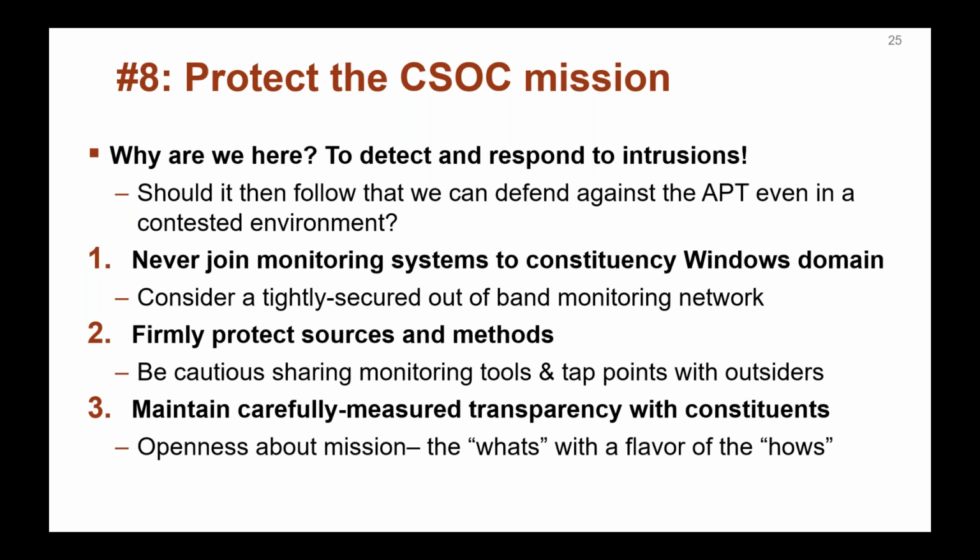Number 3, we want, with that said, to maintain a carefully manicured degree of transparency with our constituents. We want to be open about our mission. We want to share with them a selection of the whats and the hows of how we get it done. Just enough so that they trust us, but not everything, so they don't know exactly how we do all the things.